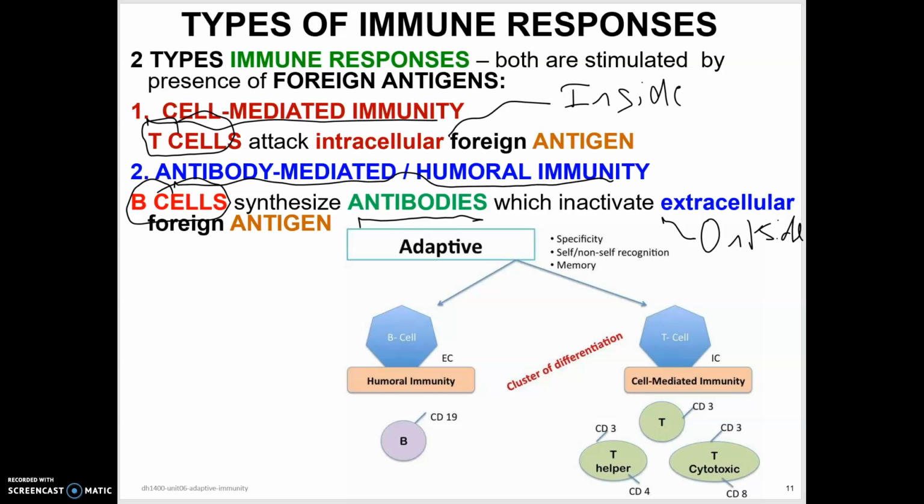So if we look down here really quickly, we've got our adaptive immunity. We get our T cells on this side, so we know this is going to be our cell-mediated immunity, and we can see that there's different cells produced to help us with that. And if we look down here, we see the B cells. That's going to be our humoral immunity, and we have a B cell that's created to carry out that response.